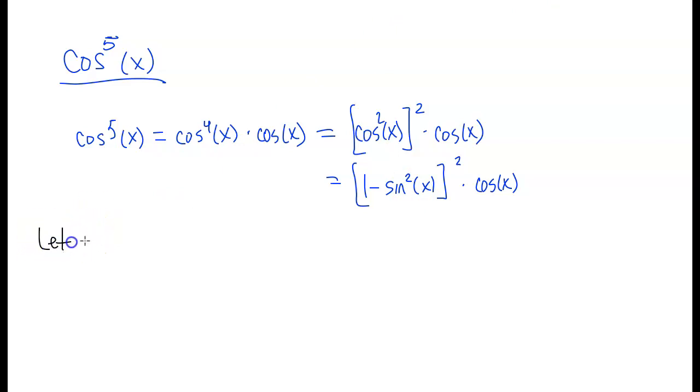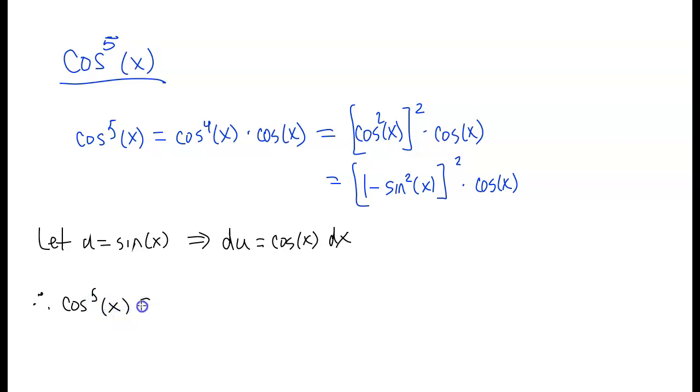So here if we say let u equal sine of x, then of course that would imply that du is going to be cosine of x dx. And therefore we know that cosine of x raised to the 5 could just be rewritten as 1 minus u squared, all that squared, because again u is just sine.